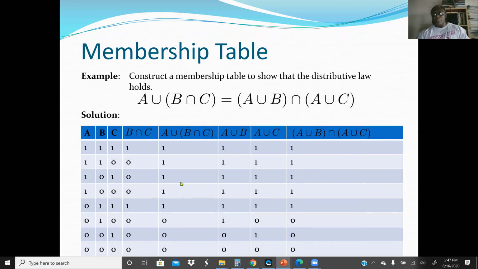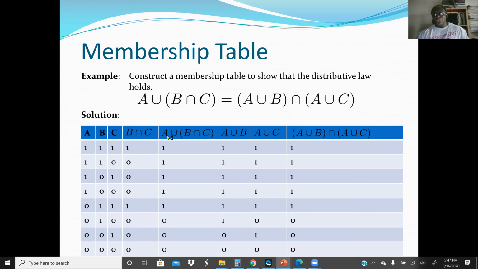So this is what we call the membership table. Sometimes we can use the membership table to do what we call our proving. More or less in Boolean algebra, it's like the truth table. So we can construct a membership table to show that the distributive law holds. So here we have A union B intersect C is the same as A union B intersect A union C. So in Boolean algebra, we will call this table a truth table.